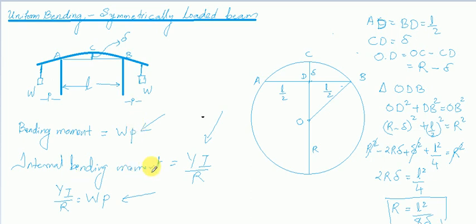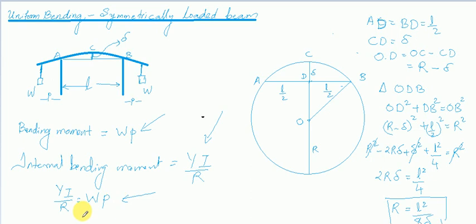So the internal bending moment is given by YI over R, where Y is the Young's modulus of the material, I the geometrical moment of inertia, and R is the radius of the beam, which is same everywhere. That is the only difference between all the previous modules you learned and this one. Now we can equate these two expressions, to get YI over R equal to W times P.